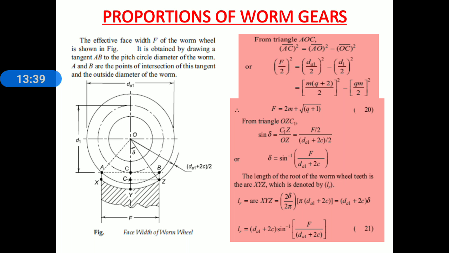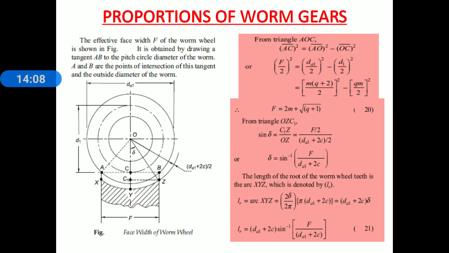Equations 20 and 21 are very important for the dimensions of worm wheel. Equation 20, F is the effective face width of worm wheel, and equation 21, LR, length of root of worm wheel teeth. Everyone remember these relations, very important when we solve a numerical based on that.